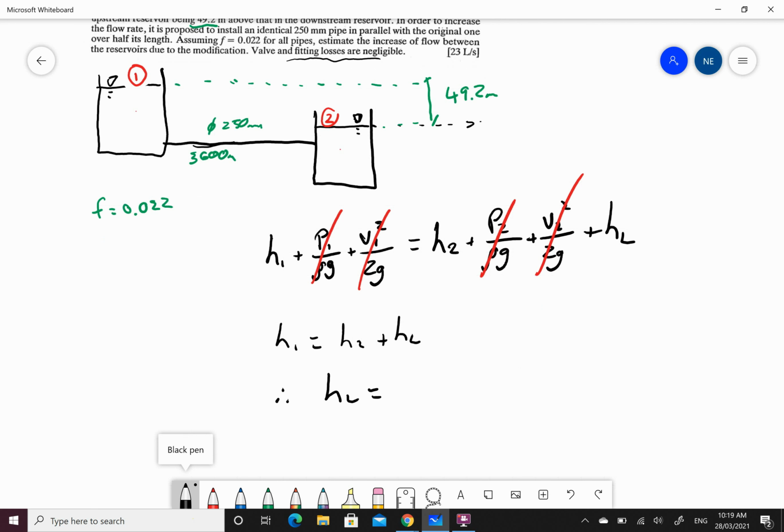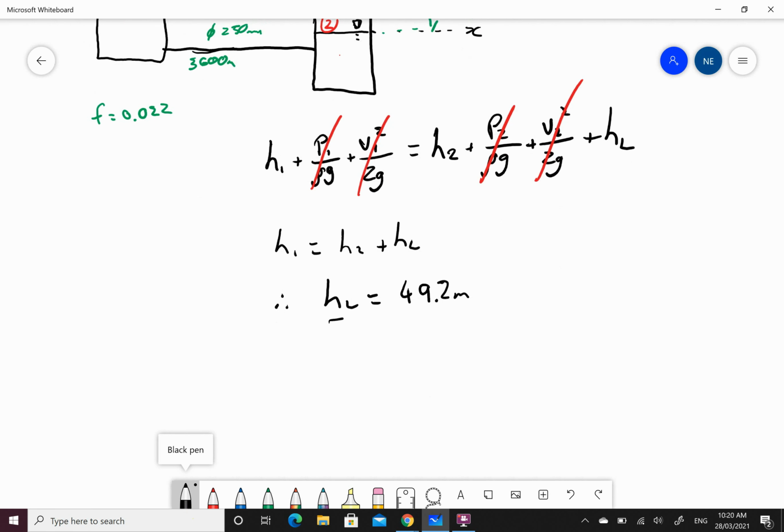Let's take this as my datum, which is 49.2 meters. Now that I've got my losses, what they're equal to from Bernoulli, I can now write out this formula here.